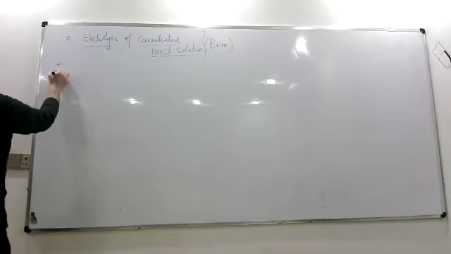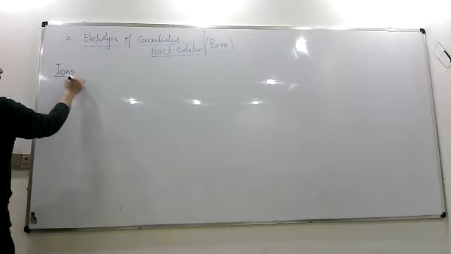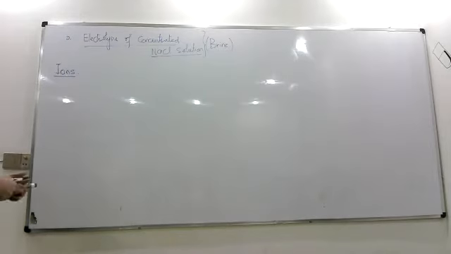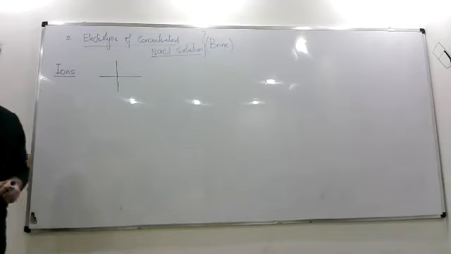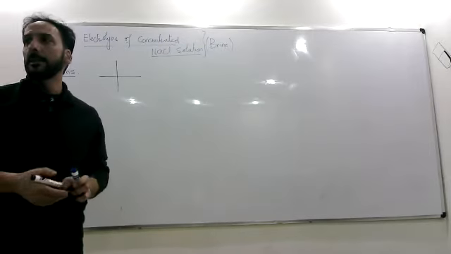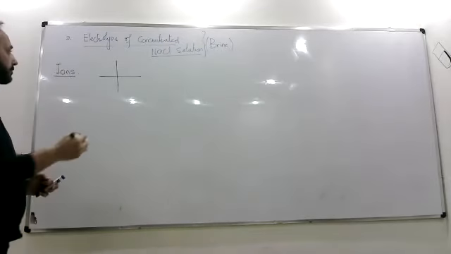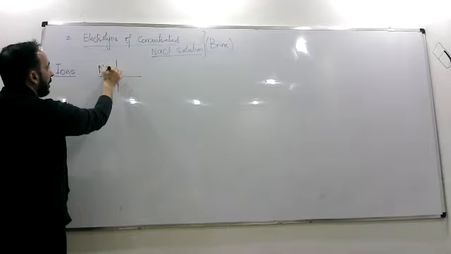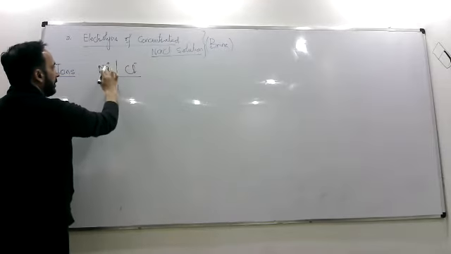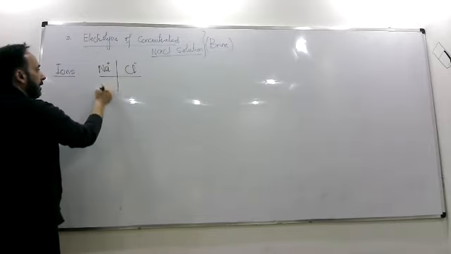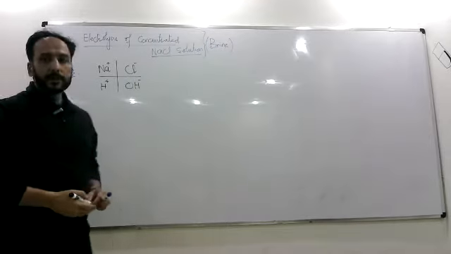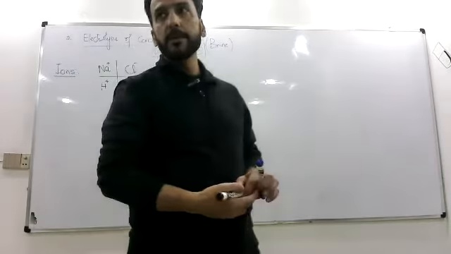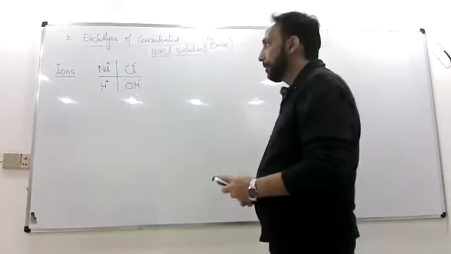First we'll write ions. अब ions में naturally if it's concentrated NaCl, we will have positive negative ions, sodium and chloride. And from water we'll have hydrogen and hydroxide ions. So these are the four ions which are present in NaCl solution.